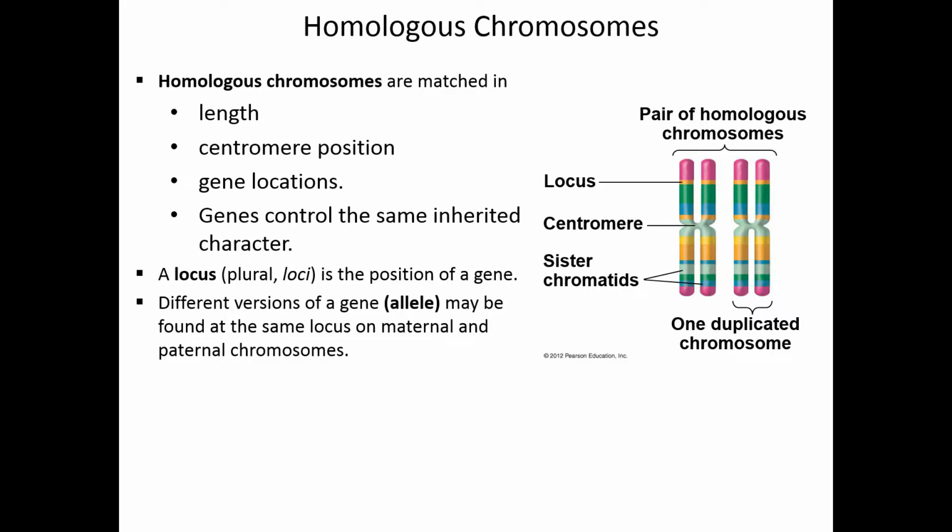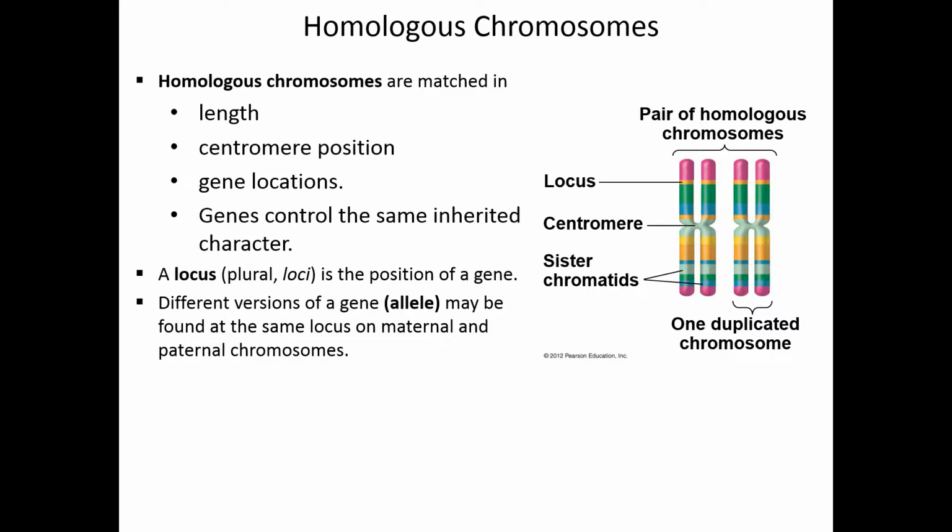When you stain the chromosomes, you're going to have the same pattern between homologous chromosomes for locations of genes. The genes found in homologous chromosomes control the same character, basically the same trait.